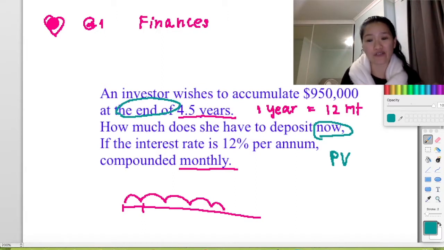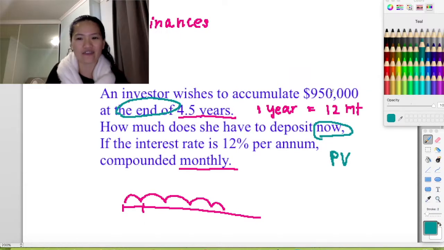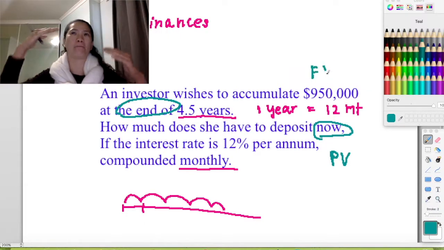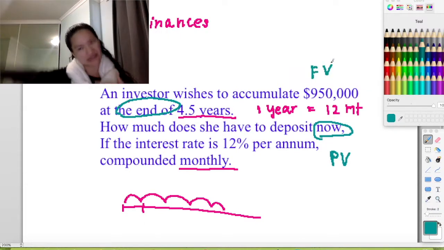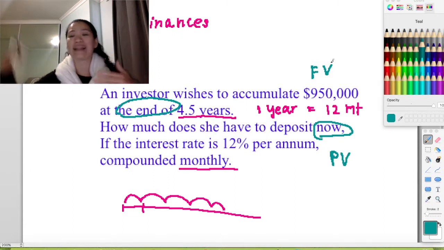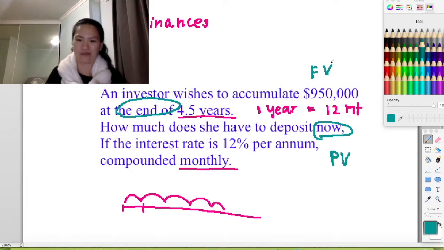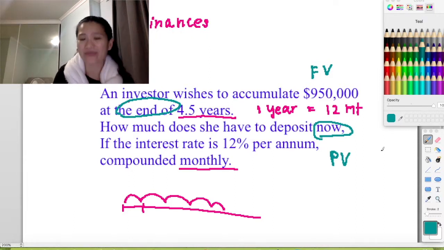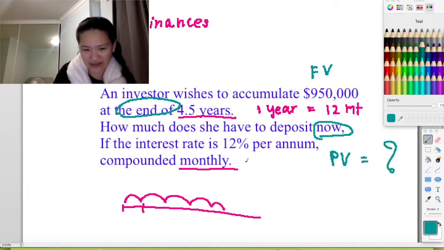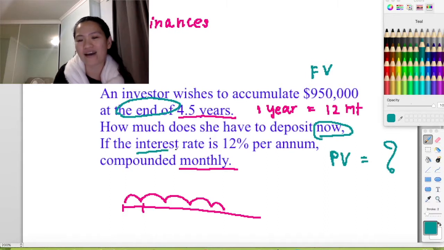So 950,000 is the future value. That means the money that you're going to receive in 4.5 years in the future. But what you're going to deposit now, PV, that's what you want to find. And the interest rate is 12% per annum.